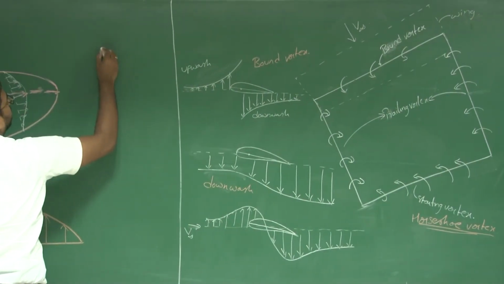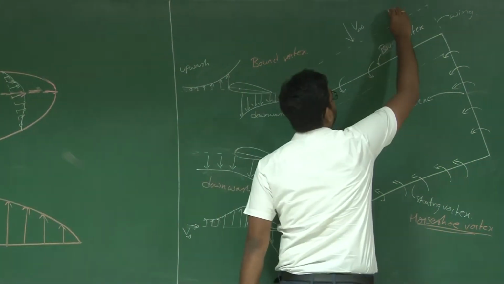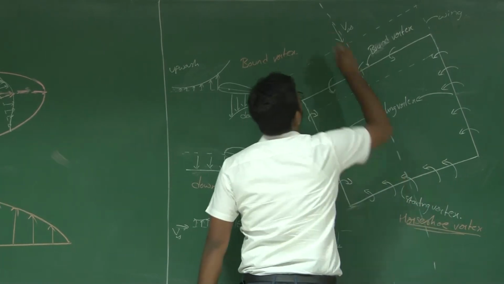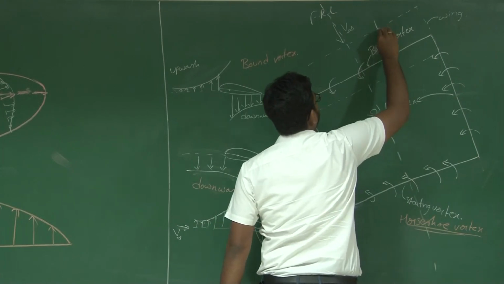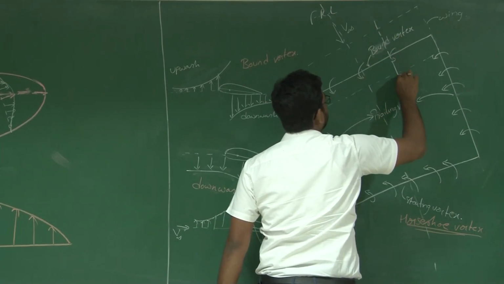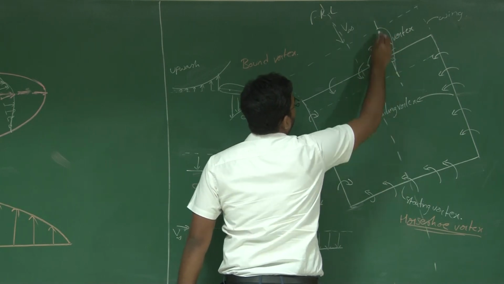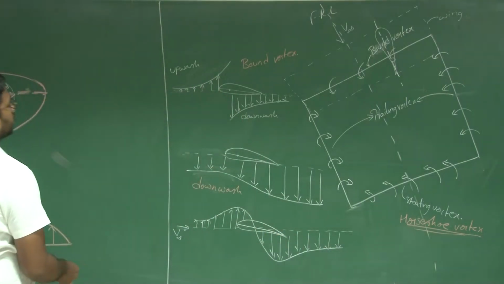See, this is your reference line, FRL, fuselage reference line. Let us consider a span-wise location here. So you have an airfoil at this particular location, right?